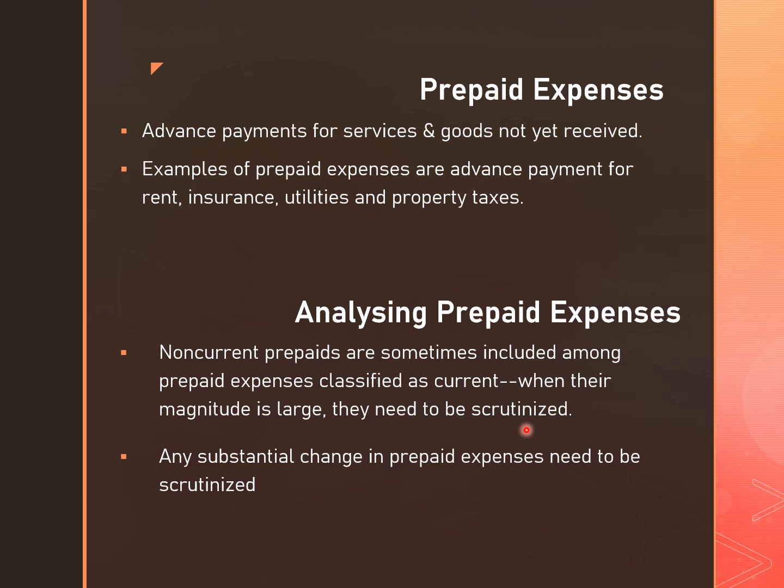Apa benda dalam the prepaid tu? So, any substantial change in prepaid expenses need to be scrutinized. So, kalau ada perubahan daripada last year, contohnya last year 10,000, this year tiba-tiba jadi 100,000. So, ada perubahan besar dalam prepaid expenses. So, you have to look further. What caused the increase in the prepaid expenses?